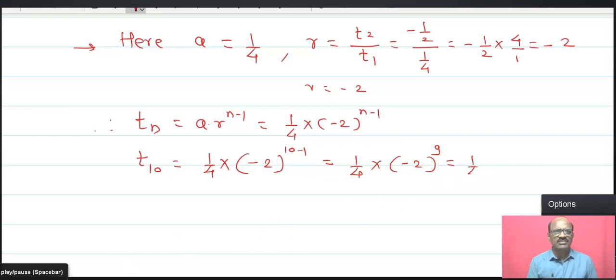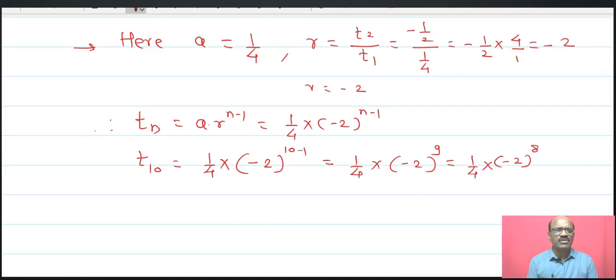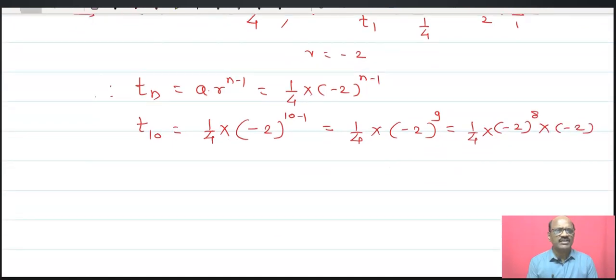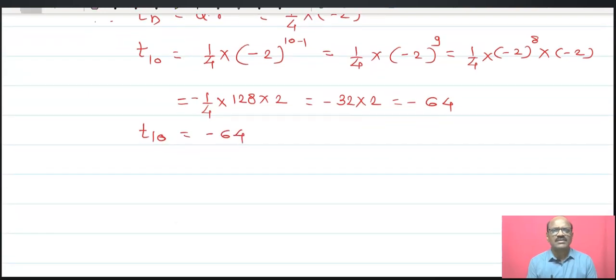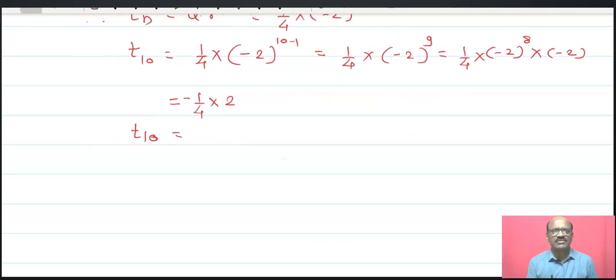Now see the values: 1 by 4 into minus 2 raised to 8 into minus 2. Therefore it is 1 upon 4 into minus 2 raised to 8. These are the values.